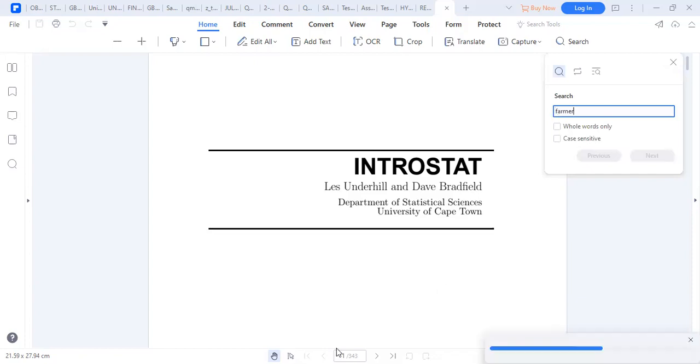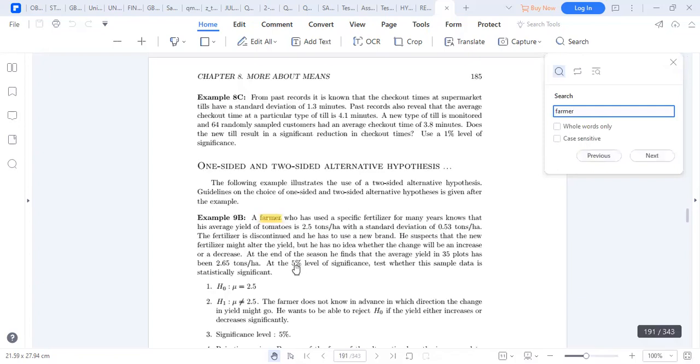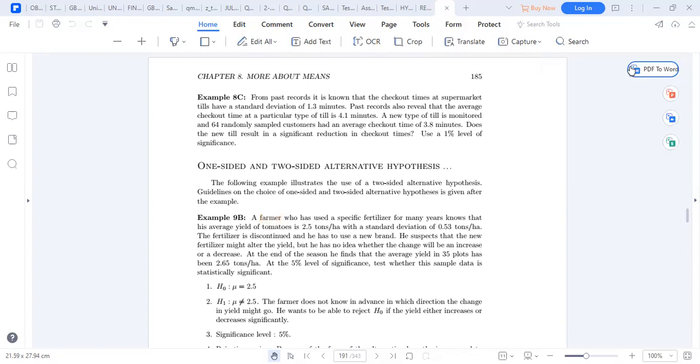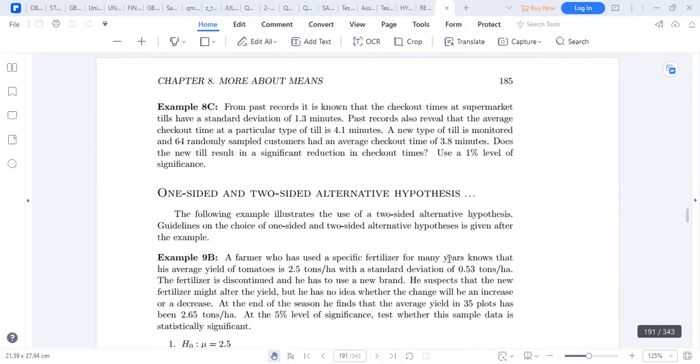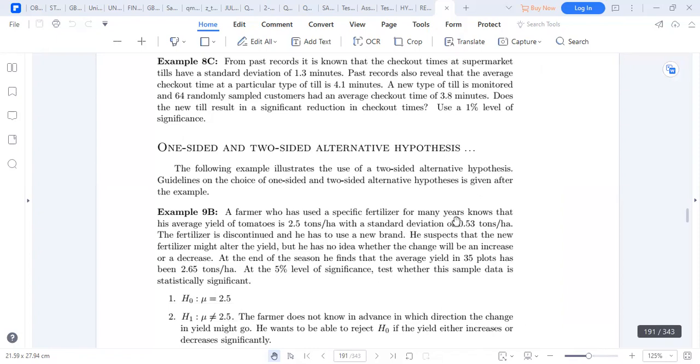So let me look at the question to do the single-tailed test and the double-tailed test. So let's look at this question here. We're told that a farmer who has used a specific fertilizer for many years knows that the average yield is 2.5 tons per hectare with standard deviation 0.53.